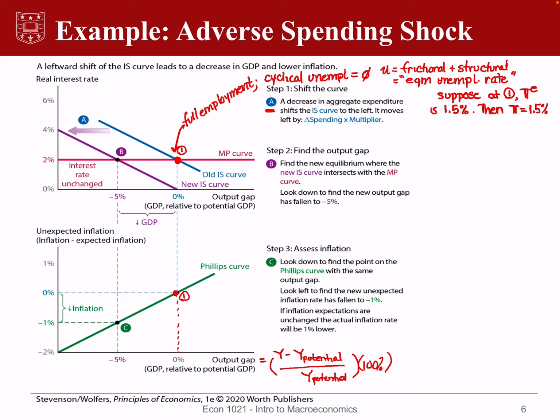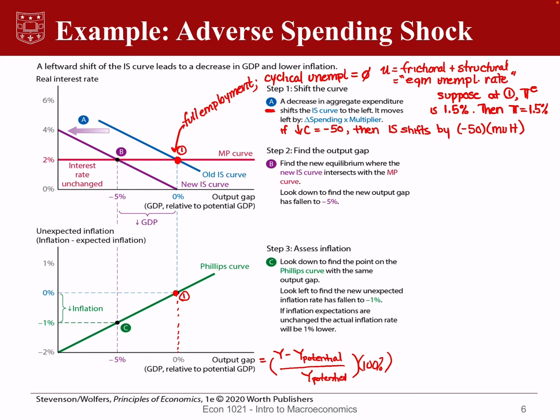So if consumption falls by 50, whatever, dollars or billions of dollars, who cares right now, then the IS curve is going to shift to the left, so negative 50 times the multiplier.